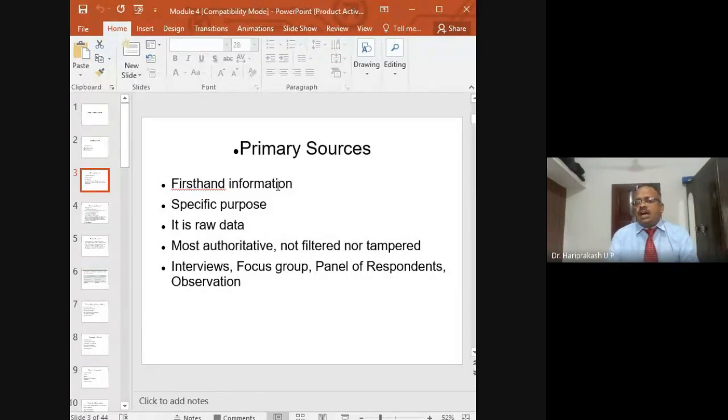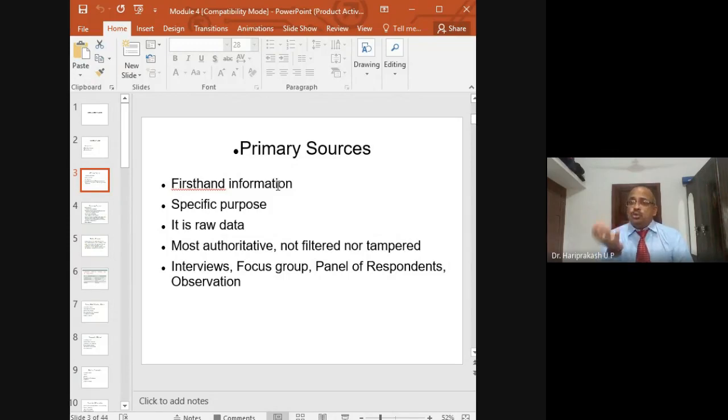This type of data is most authoritative, in the sense you can depend on that data 100% because you know it is collected by you. So it's reliable. That's why it is called the most authoritative. When you are collecting data from other sources, say the secondary sources, you collect data which is already there.